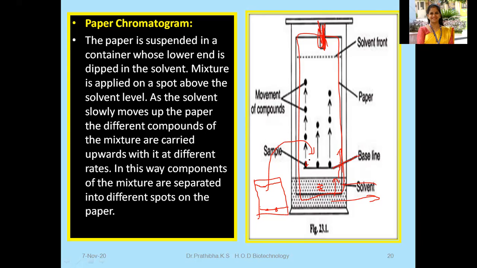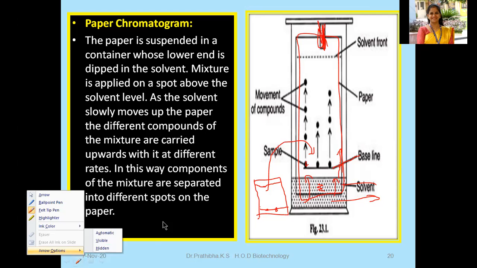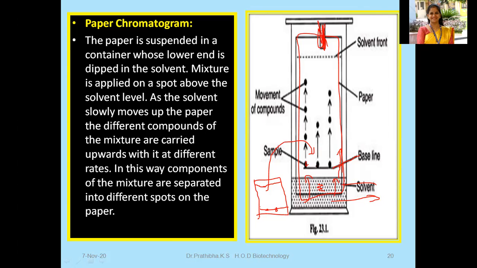As and when we keep this particular paper in the solvent, it starts moving through the capillary action, and you can make out even the sample also will be carried by this particular solvent. Then the movement, based on their molecular weight, of the particular components which are present in the solution can be separated.